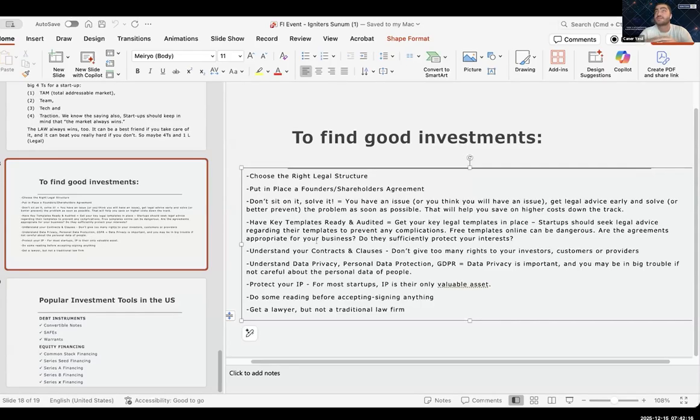You need to have a nice template, for example, customer agreements and service agreements for your company, protecting your company. And then, of course, you need to protect your IP. And I suggest to founders, I am coming from a big law firm, those huge names, to work with boutique firms in the startup venture capital area. It is more helpful.